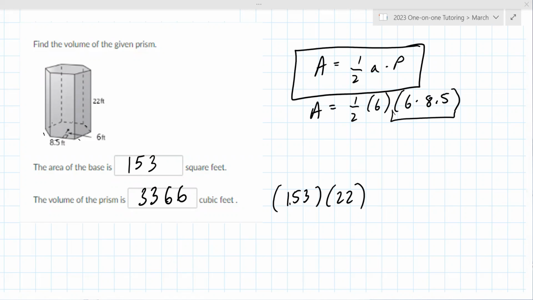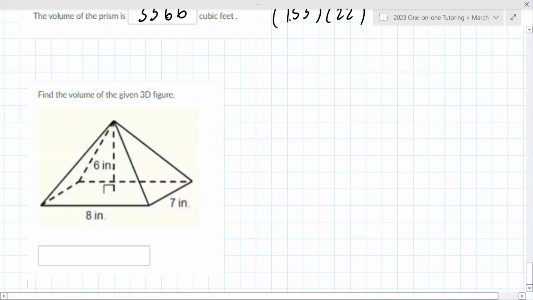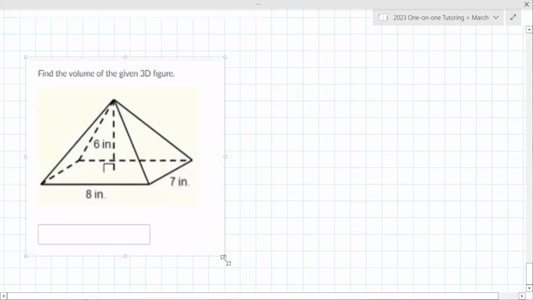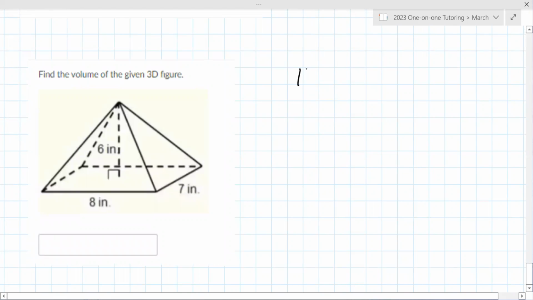All right, cruising through here. Let's go to the next one here, pyramid. All right, find the volume of the given 3D figure. The volume of a pyramid is 1/3 the area of the base times the height.